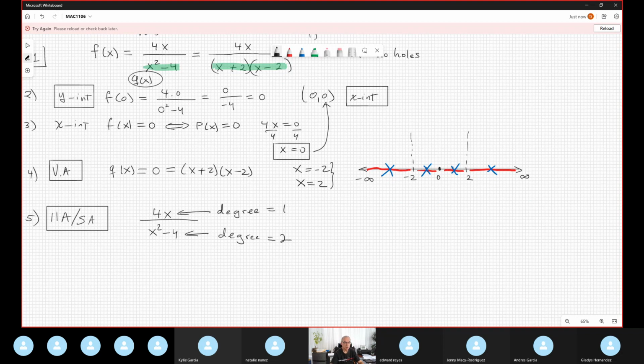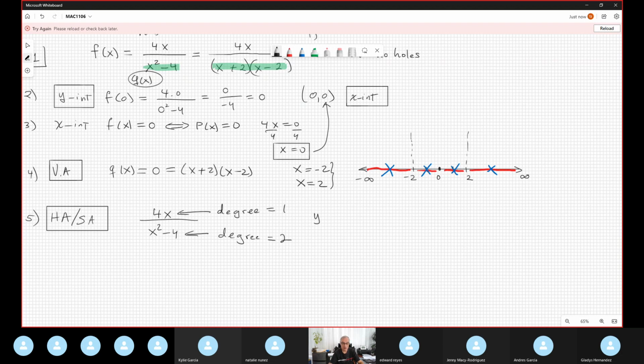I suppose you understand me. Horizontal, not vertical. Let me recall the analysis of the degree. When the degrees are the same, it's a regular case. When the degree of the bottom is greater than the degree of the top, not necessarily by 1, in general greater, suppose 1 and 3, or 1 and 4, or 1 and 5, then it's a special case.